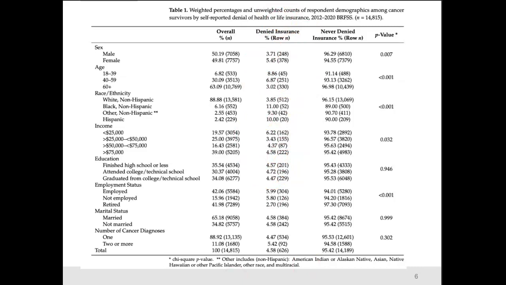And then what that looks like if they were different in terms of maybe their sex, their age, their race, ethnicity, their income, all of these variables that are included here on this side of the screen. You'll also notice that there is a p-value column here. And essentially what it's saying is whether the differences between these two groups, being denied insurance versus never being denied, were statistically significant.